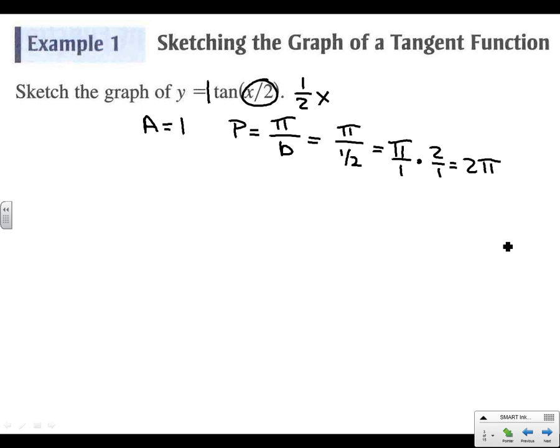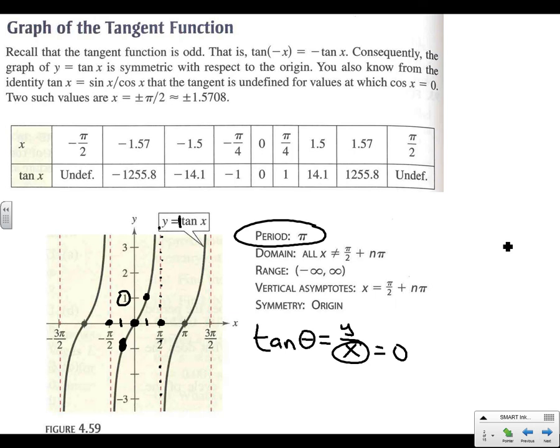That's all the information we need to graph one period of tangent, because there's no shifting going on. If we look back to the original function, no plus or minusing anywhere in here. So first things we're going to do is we're going to figure out where our asymptotes are. And so the asymptotes for a tangent function, let me flip back real quick here and look at our graph. Notice that from asymptote to asymptote is our entire period of pi.